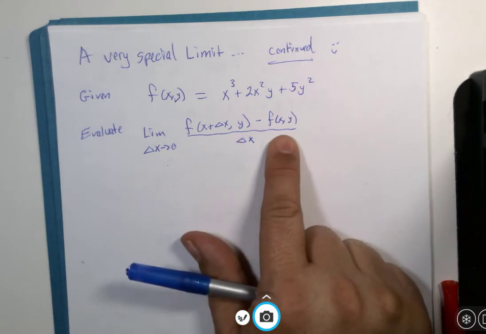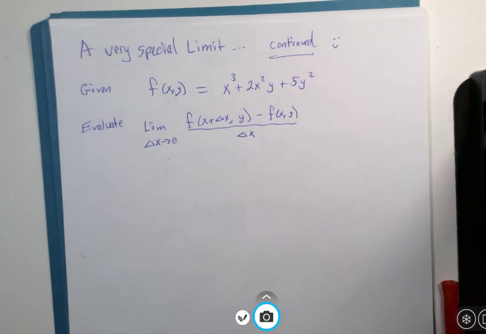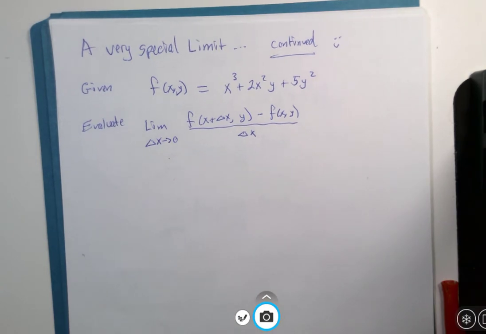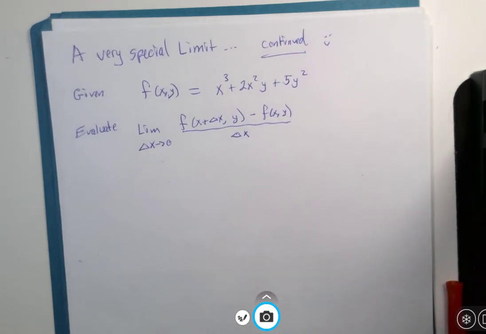So we're going to evaluate this. Turns out common algebra tricks may be used to clean up the mess, and then we'll see what we can determine afterwards from what we've discovered. So here we go.